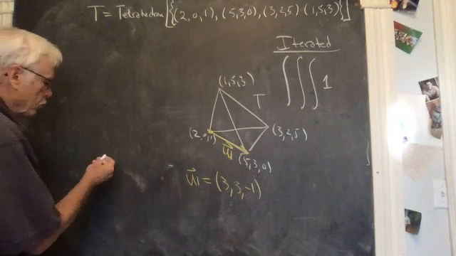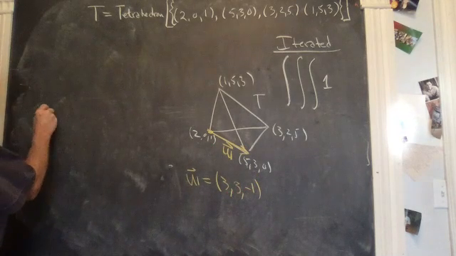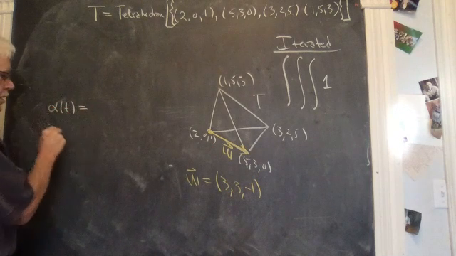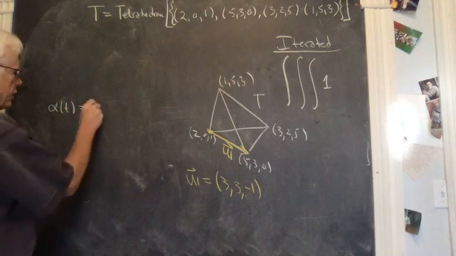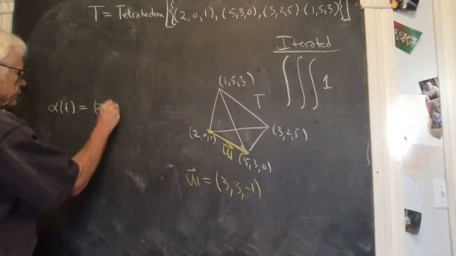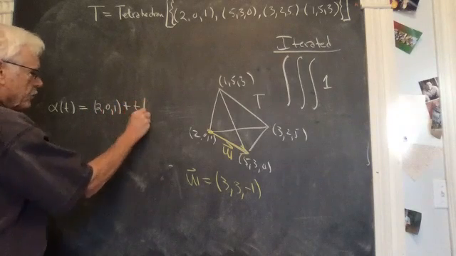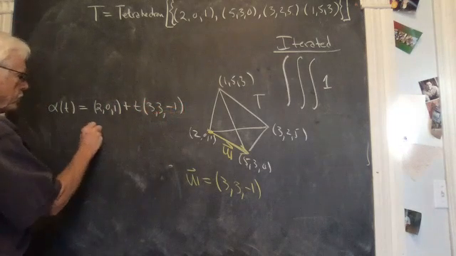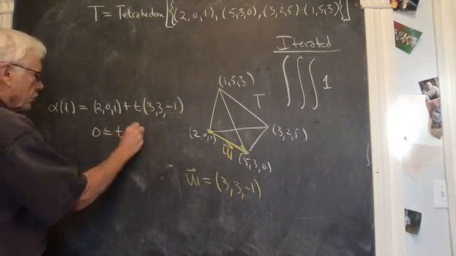And I'm going to build up a parameterization, but I'm going to look at this one first. Alpha of t equals 201 plus t times (3, 3, -1), 0 less than or equal to t less than or equal to 1.